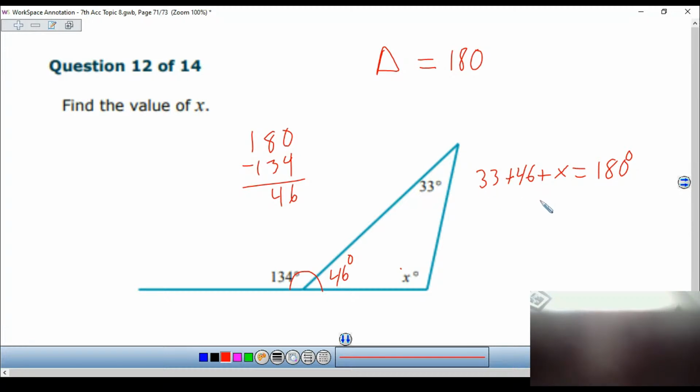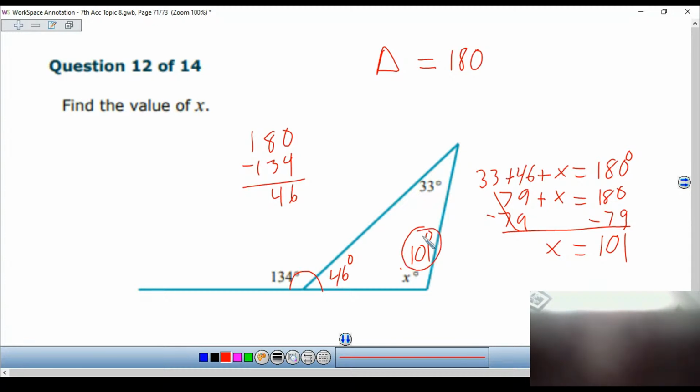If I add those together, I get 79 plus X equals 180. Then I can subtract 79. And I get X equal to 101. So X equals 101 degrees. All right, is that okay?